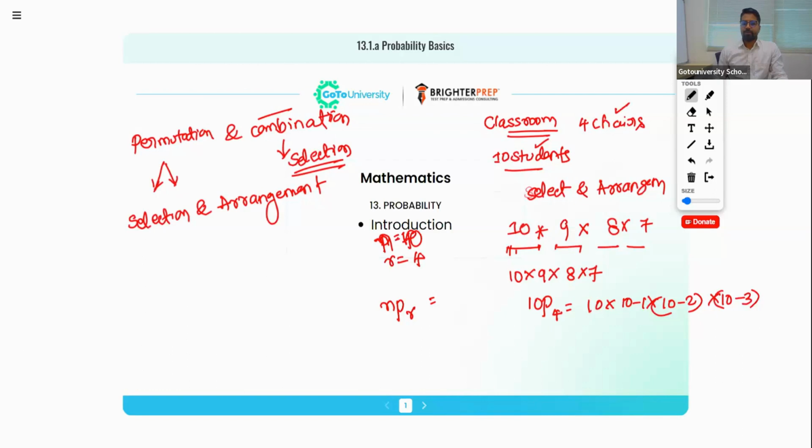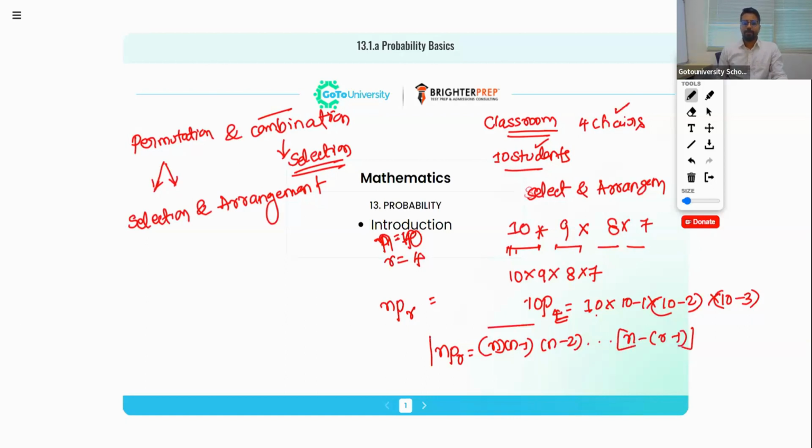If there are four chairs, we are going to stop at the fourth chair, but the fourth chair will go with n minus r. This is one less, right? Why? Because we start with 10 minus 0. So in general, if I want to expand NPR, it is n into n minus 1, n minus 2. It won't go till the end. It will stop at n minus r minus 1.